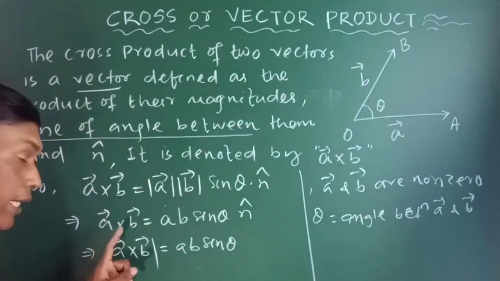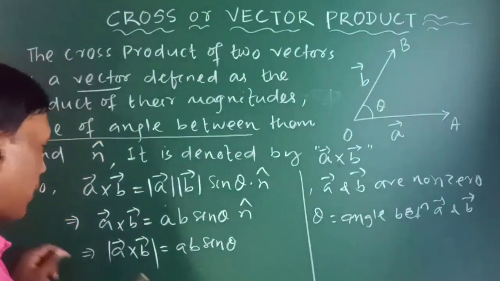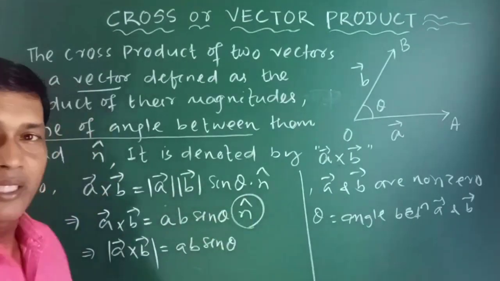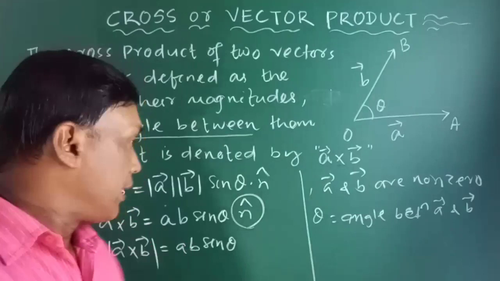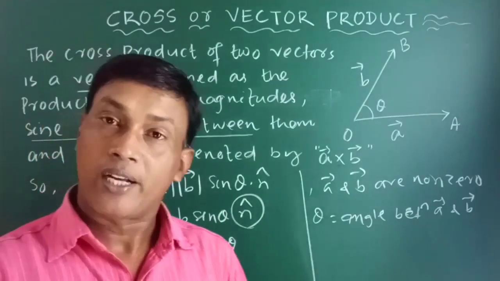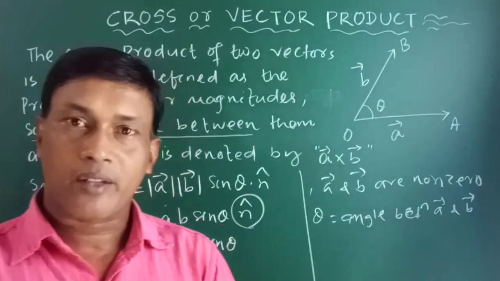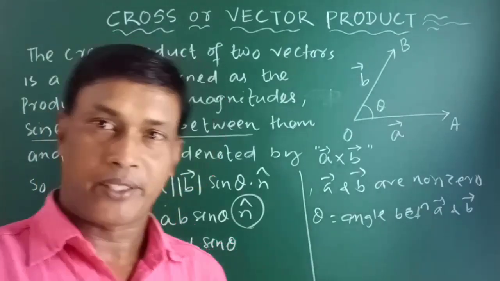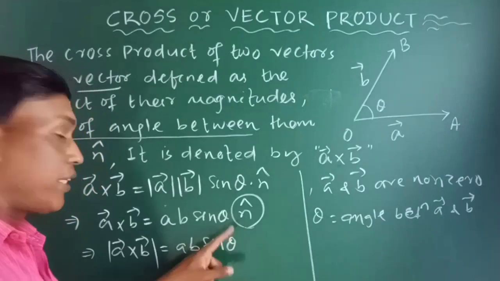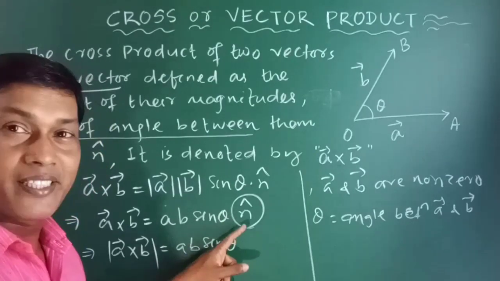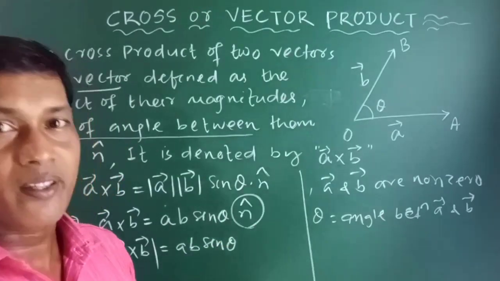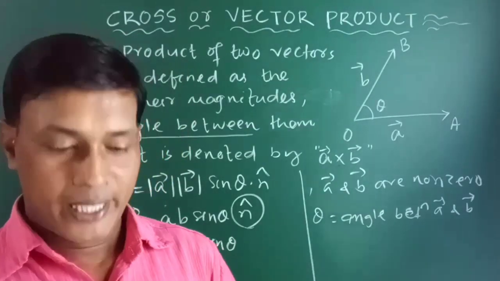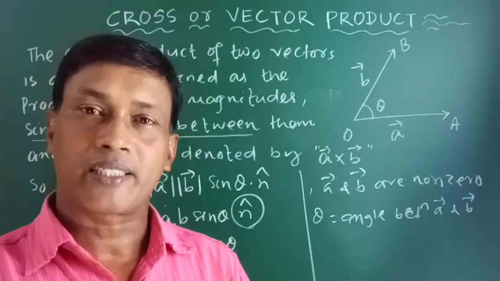So A cross B is a vector quantity whose magnitude is AB sine theta, and this n cap represents the direction. I have already said every vector has a direction, and the direction is represented by the unit vector. So this represents the direction, meaning this is a unit vector. Every vector's direction is represented by its unit vector. The unit vector represents the direction.